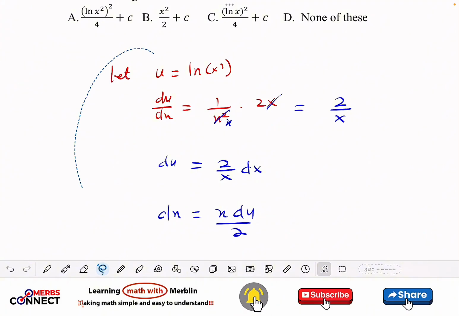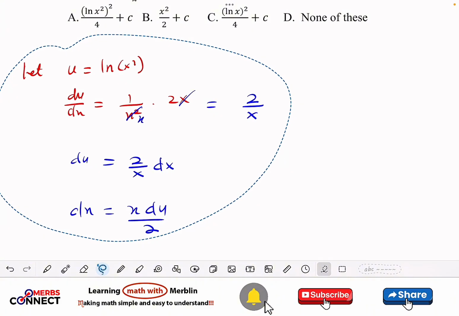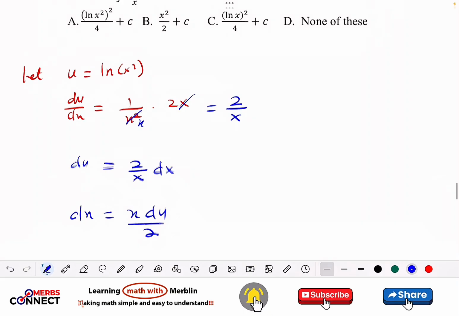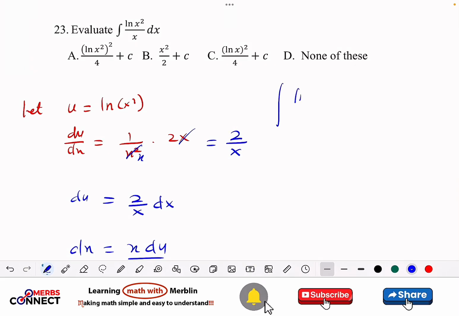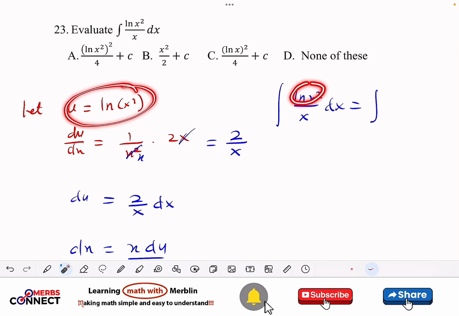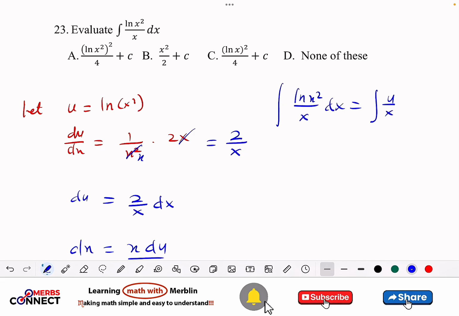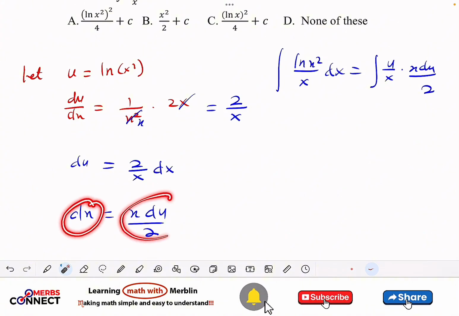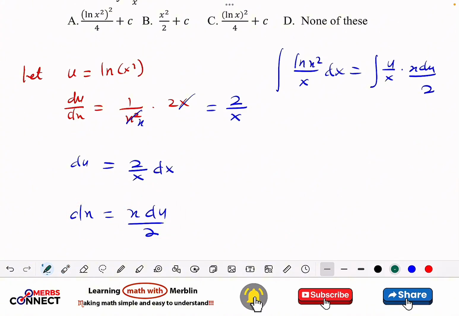So let's try and plug them in and see what we are going to get from here. So the integration of x squared divided by x dx will be equal to, this is equal to u. So I'm going to have u divided by x times x du over 2, because dx is equal to this. Now this will cancel this, so I'm going to have u over 2 du.